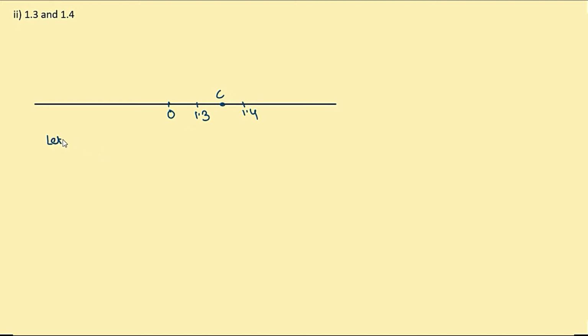So you will be writing A equals 1.3, B equals 1.4. So C equals (1.3 plus 1.4) divided by 2, that is 2.7 by 2, that is it comes as 1.35.